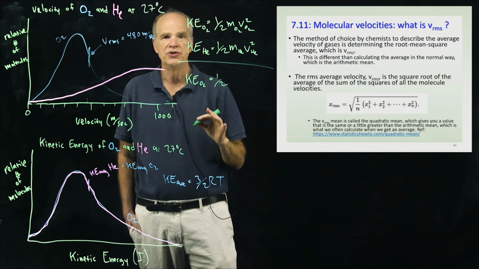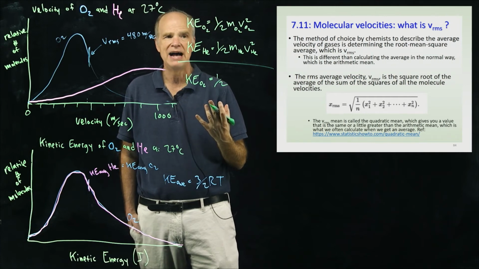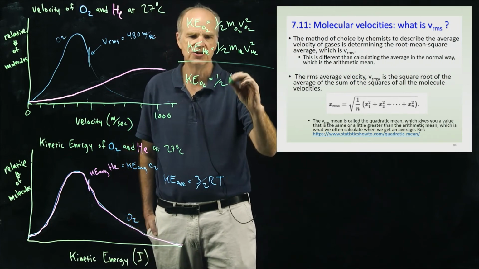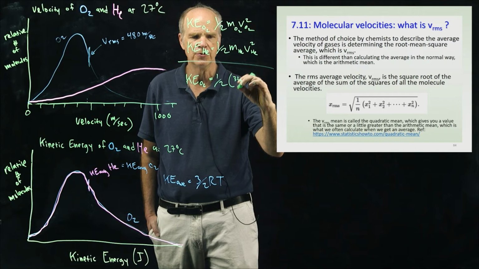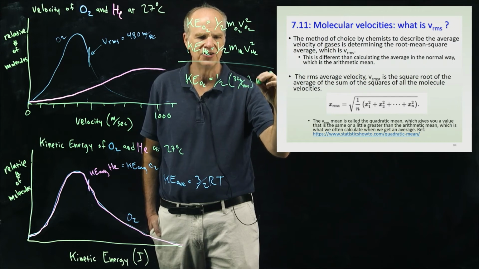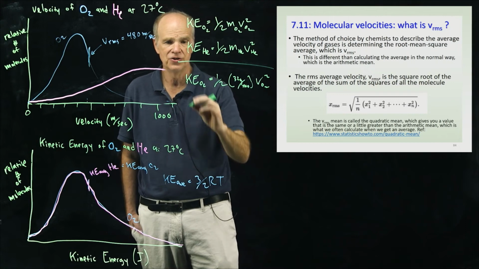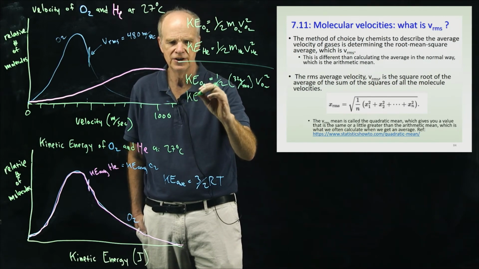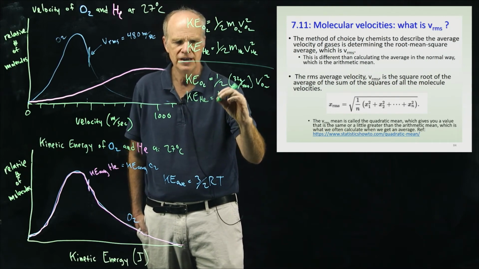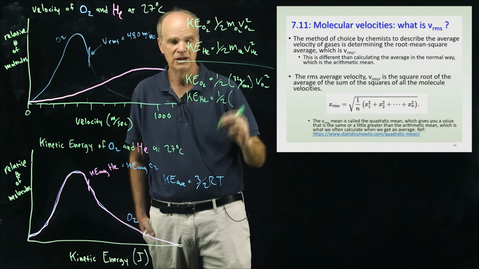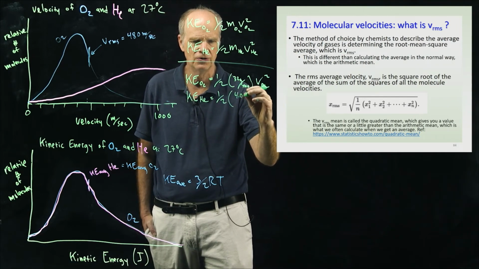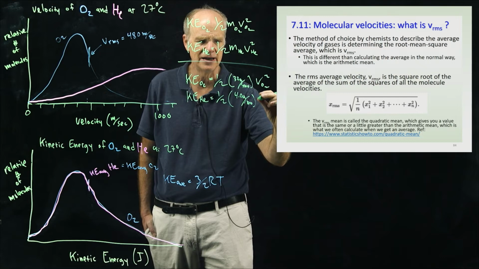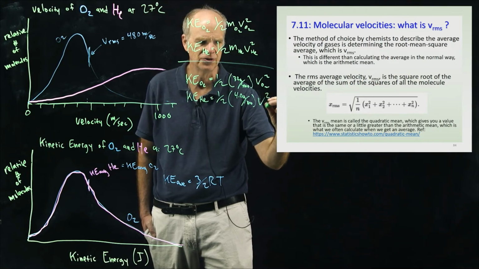And so what we'll do is we'll put in the molar mass of diatomic oxygen here, which is 32 grams per mole, times the velocity squared of oxygen molecules. And we can do the same thing for helium. Helium's atomic mass is 4.0 grams per mole, times the velocity of helium molecules squared.